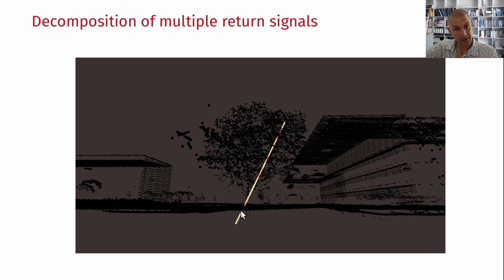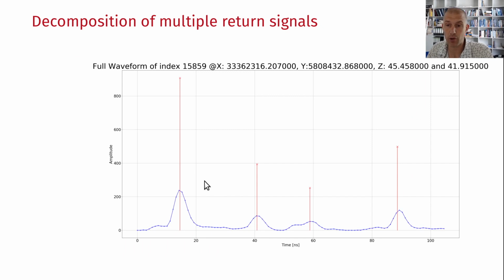If we take that time, that is essentially the travel distance that we have here, and plot it, this is the denoised signal already. We see the full waveform in blue, and we see the red lines here indicating the points that you end up having in the point cloud.